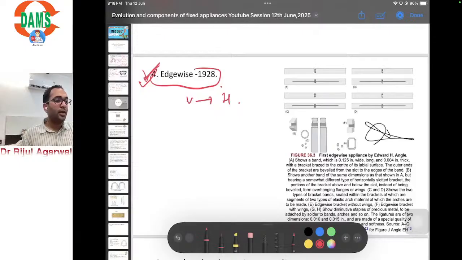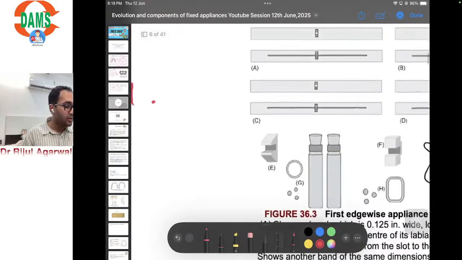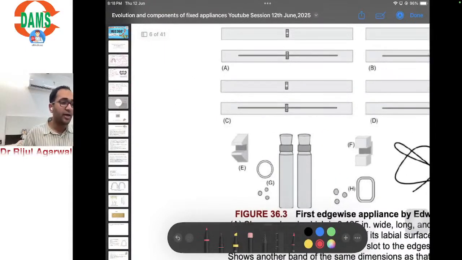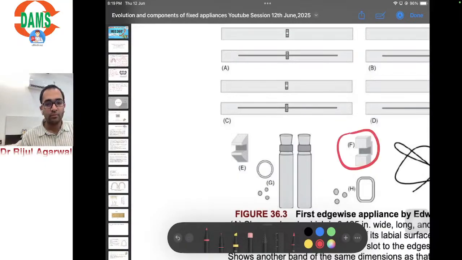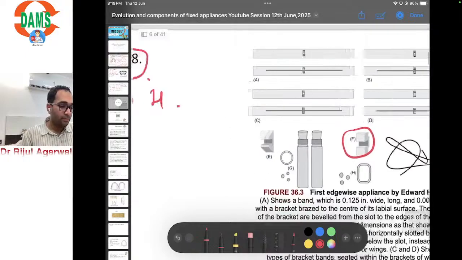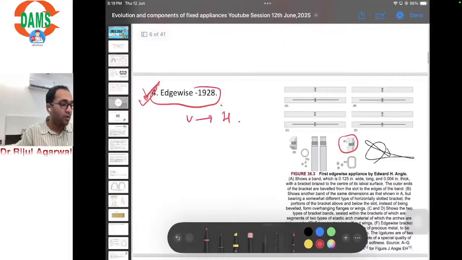From vertical, the slot became like this, which is the current bracket, if anyone has seen. Since the bracket rotated 90 degrees from vertical to horizontal, the arch wire also rotated. Earlier it was inserted breadthwise, now it was rotated 90 degrees. That's why the name edgewise came.